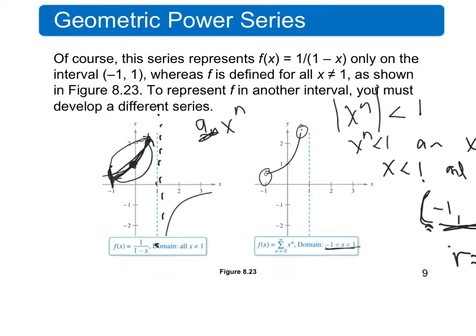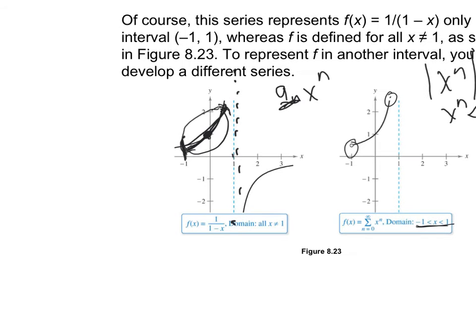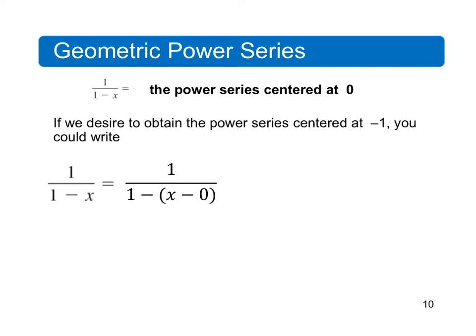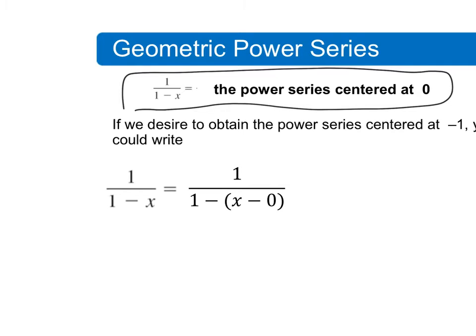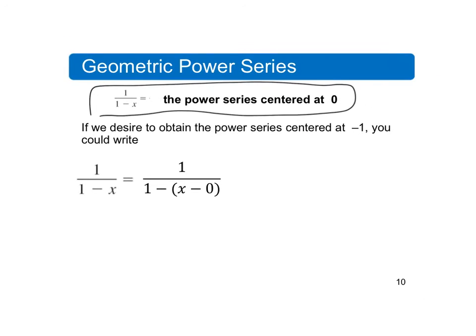Picture if it's centered at negative 1 instead, then I can go back and forth this way. See what's happening. You can rewrite this series. Instead of centered at 0, what is the function centered at? What if we want to make it centered at -1 instead?